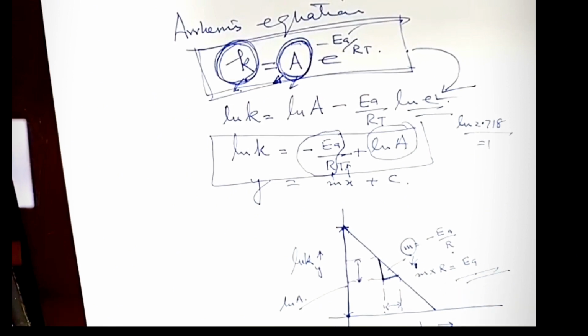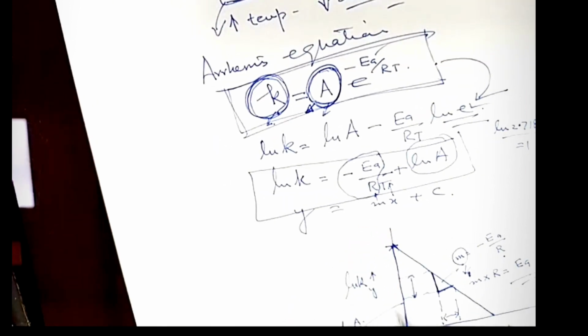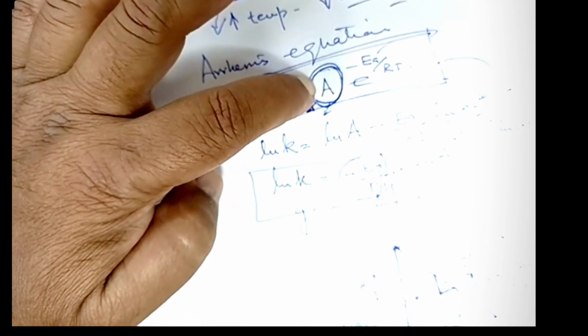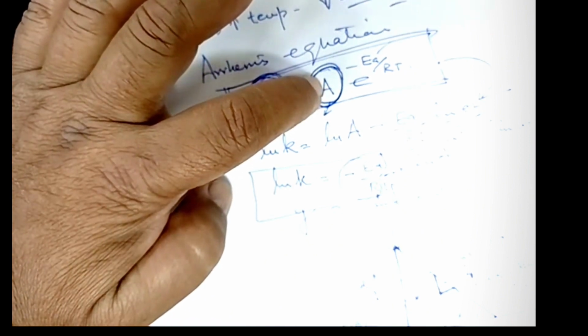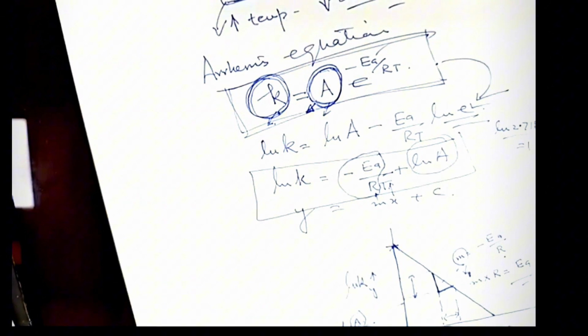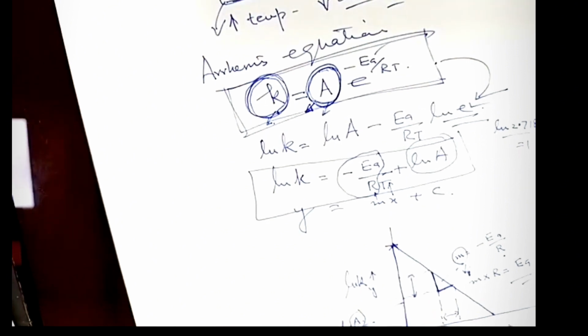So this equation also gives us information about the pre-exponential factor. This is the A, and you have seen the Eyring equation that I proved for you last Saturday. This A, the pre-exponential factor, is related with the entropy function. So if you want to find the entropy function, take the numerical value of log of A, suppose it is 0.5.